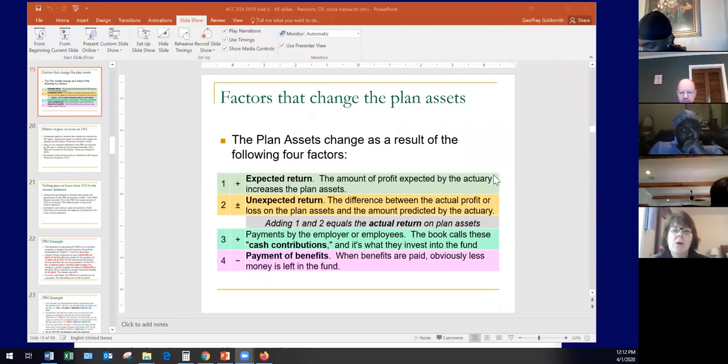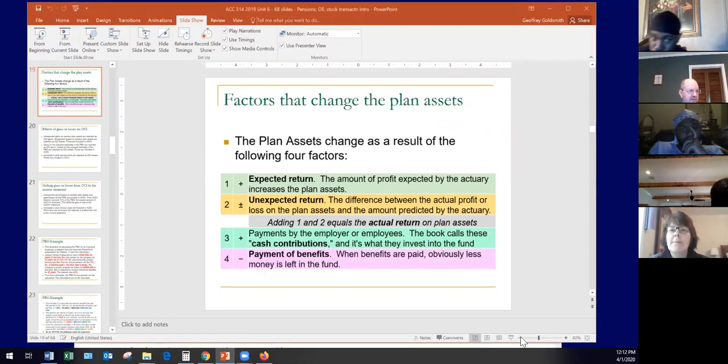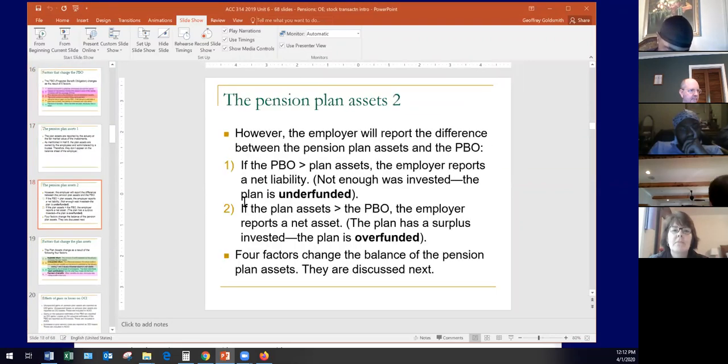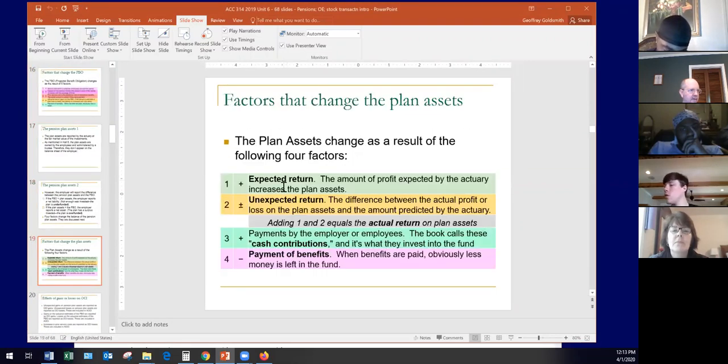Okay, now you should be seeing a PowerPoint slide that says factors that change the plan assets. And we went over the 4 factors already.